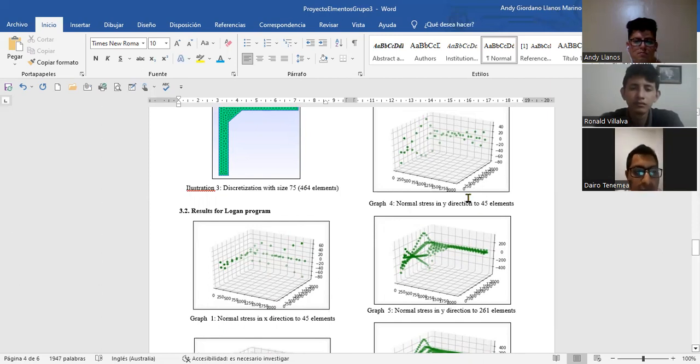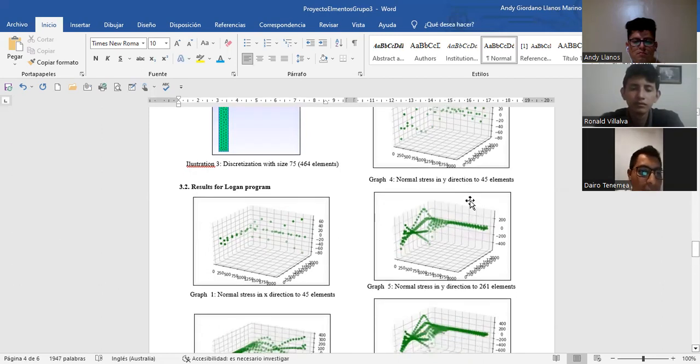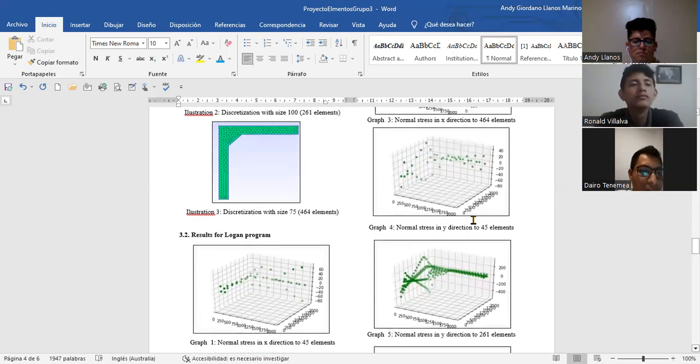In this case it is the normal stress that's in the order of the megapascals, and in the other graphs we can see the normal stress in y direction. It is worth mentioning that the values on the z-axis indicate the values of the variables on their own axis, and not the values of the z direction.